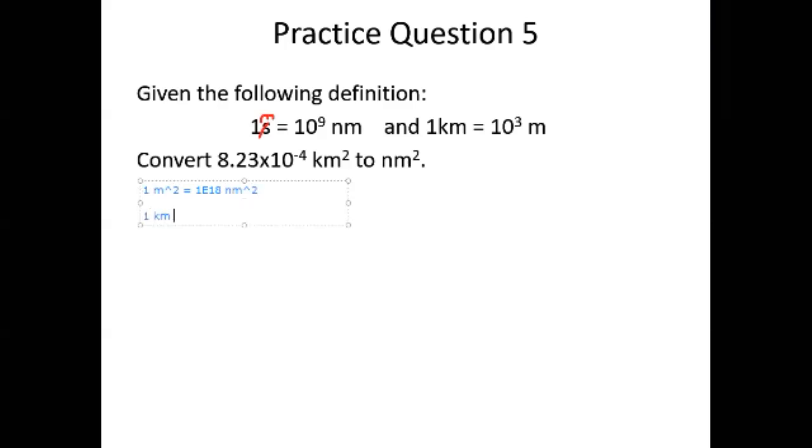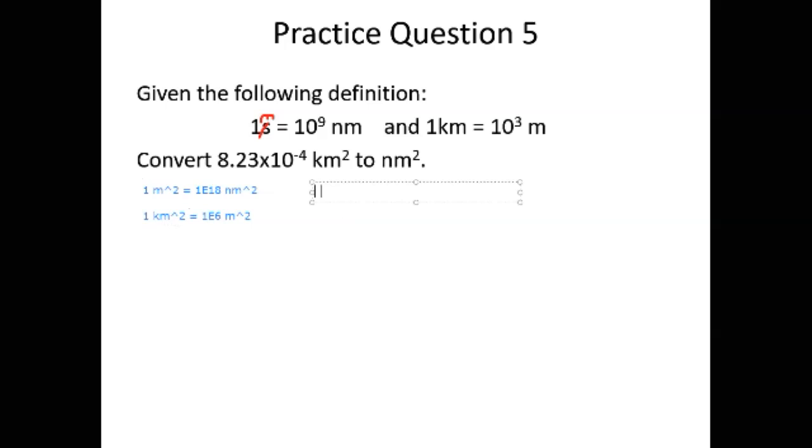1 kilometer squared is 1 e to the 6 meters squared. So what we're going to do is take kilometers squared, convert it to meters squared, and convert it to nanometers squared.